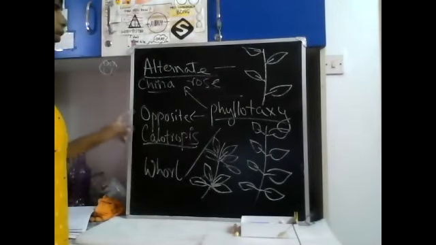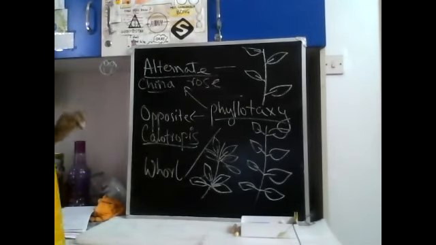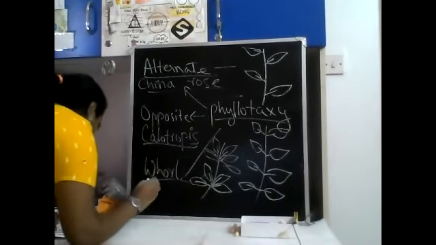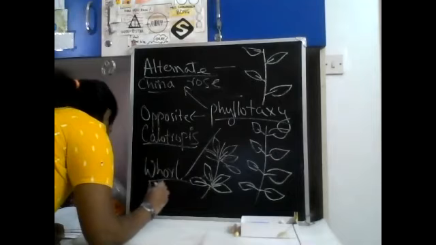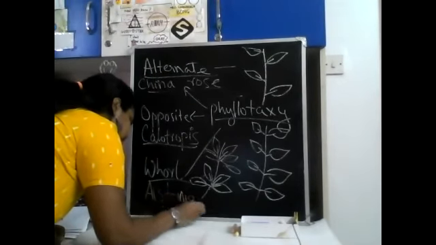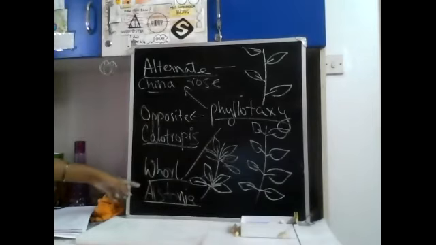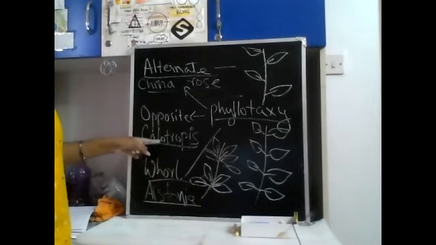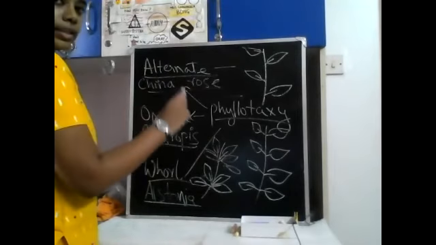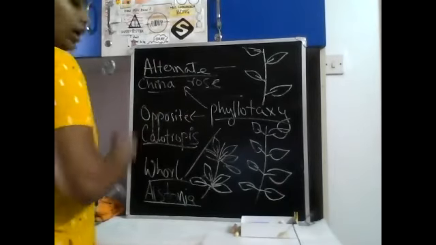Okay, so Calotropis is an example for opposite phyllotaxy, and for whorl phyllotaxy you have Alstonia. Alstonia is a type of whorl phyllotaxy. Calotropis is an example for opposite phyllotaxy, and alternate phyllotaxy example China rose.